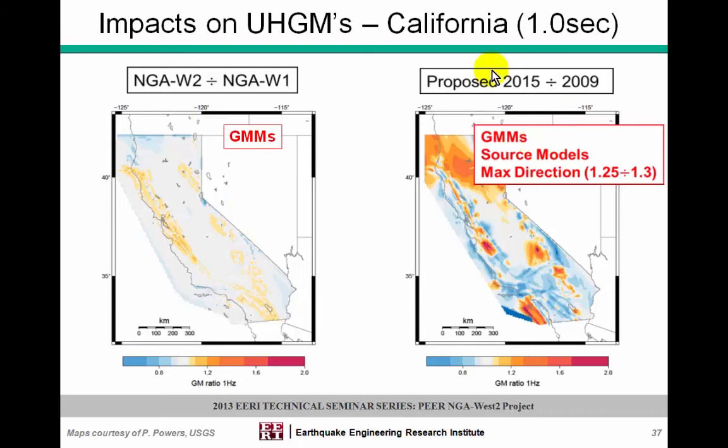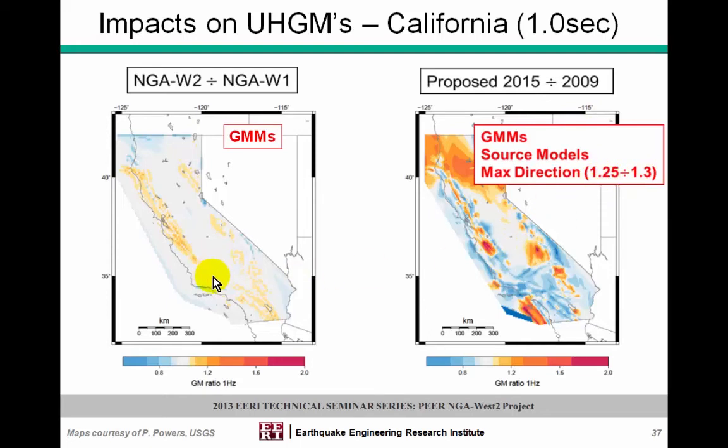And then on the right, essentially the ratio of the uniform hazard ground motion from the 2009 NEHRP provisions, and then what's being proposed right now for 2015, which includes the ground motion model changes, the source model changes like Mark talked about, and also this change in max direction factor for 1 second going from 1.3 to 1.25, so decreasing that factor a little bit.